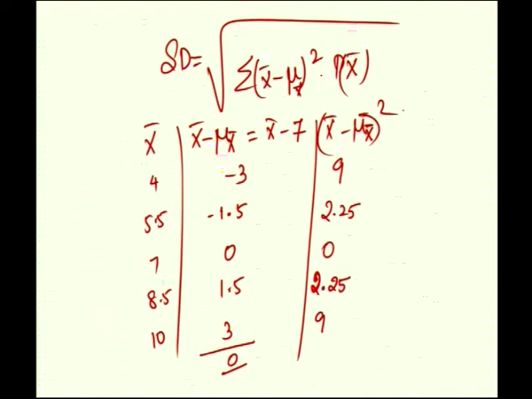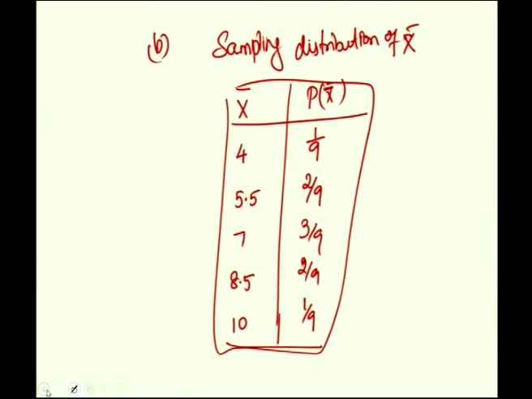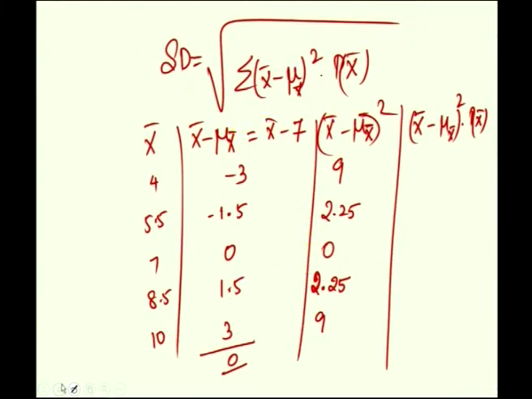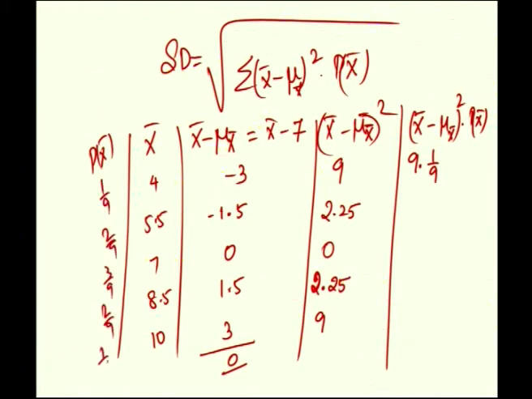Then x bar minus mu x bar whole square into p of x bar. Just check p of x bar values in your previous tabular column. Corresponding to 4 it is 1 by 9, 2 by 9, 3 by 9, 2 by 9 and then 1 by 9.